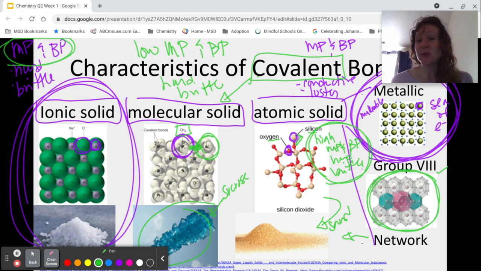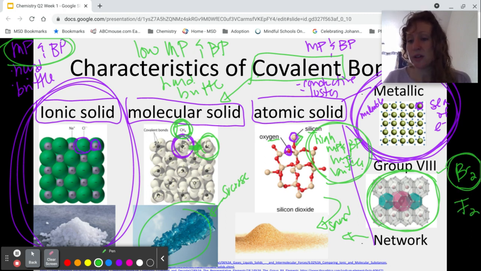They can tend to exist as a gas like methane and oxygen and carbon dioxide and fluorine, or they can be solids like silicon dioxide, diamonds, graphites. Some of them are even liquids like bromine and iodine.